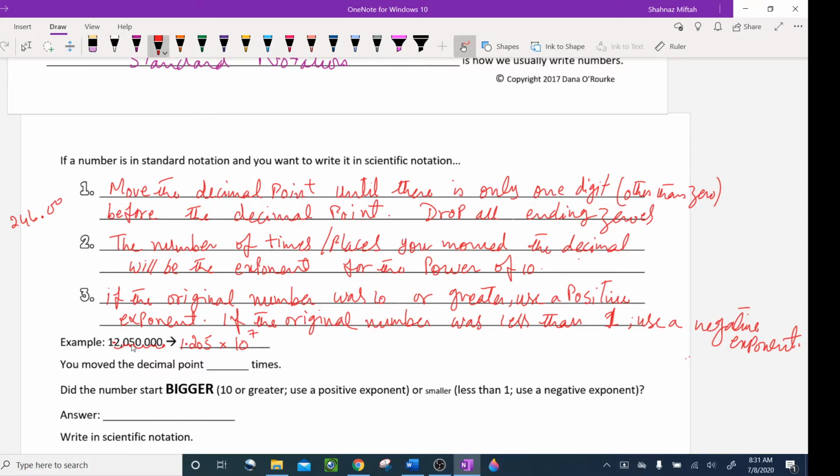All the ending zeros, not the zeros between the numbers. You move the decimal 7 times, the number started as 10 or greater, so use a positive exponent. So the answer is 1.205 times 10 to the power 7.